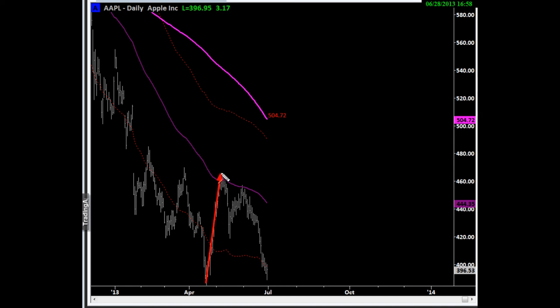What we have is we may be seeing some type of a Gartley formation here. I'm still not excited about Apple, so I'm not going to take any trade, but I thought that I would show you that. And then let's just remove this. Okay. Let's move on to the next one.